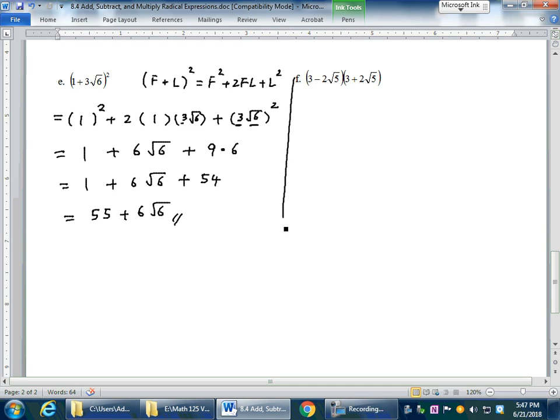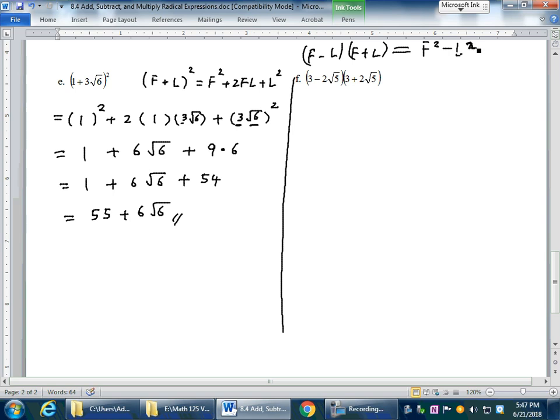Last up, this is an example that we're going to have to reuse when we talk about rationalizing the denominator. Notice that this is the difference of two squares format because I have first minus last and then first plus last. So according to the formula, this will be equal to first squared minus last squared.